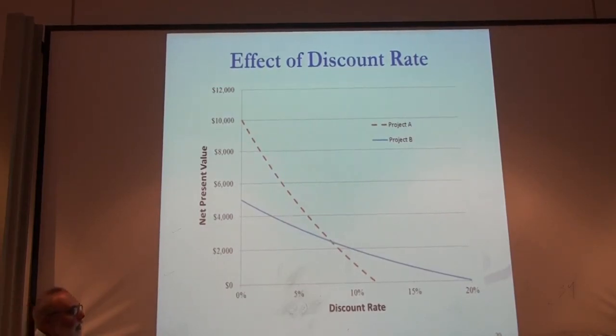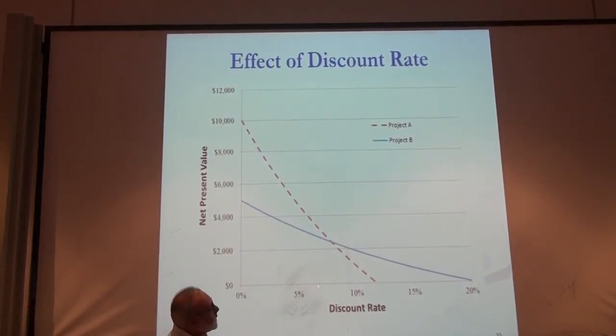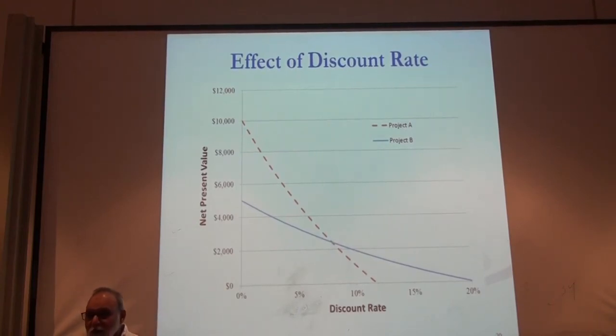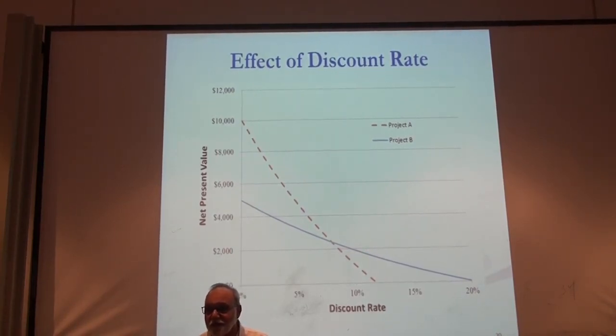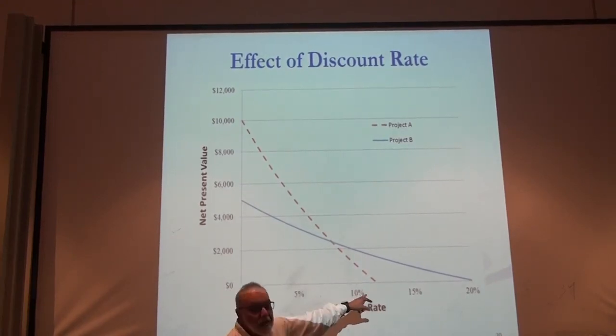If we are doing our analysis in United States or in Canada, where the discount rate may be 6 to 7%, we will select project A. If we are doing it in Bangladesh or in some African country or South American country, we will select project B because project B has higher net present value at higher discount rates.